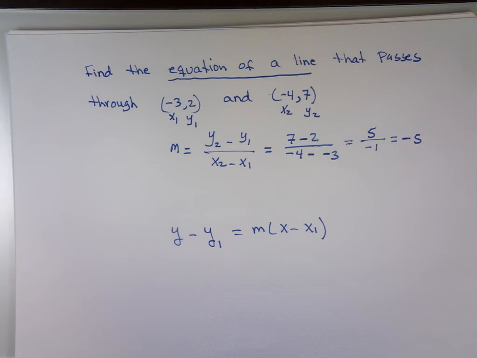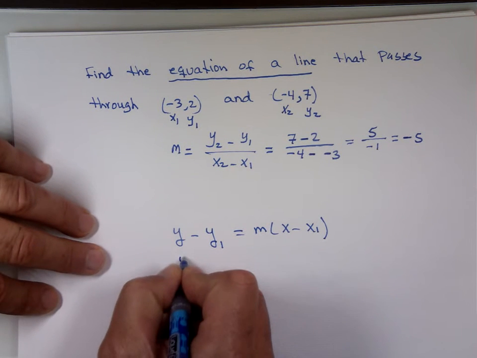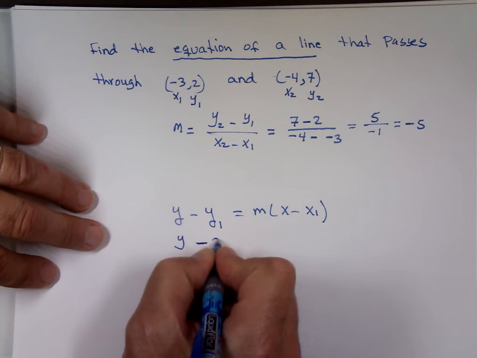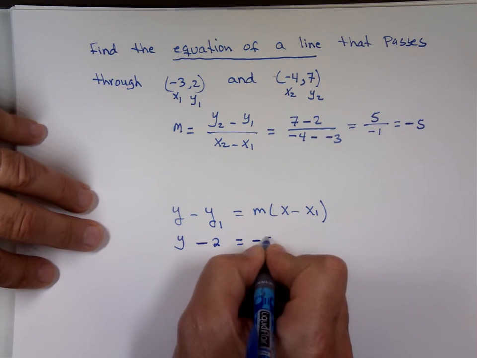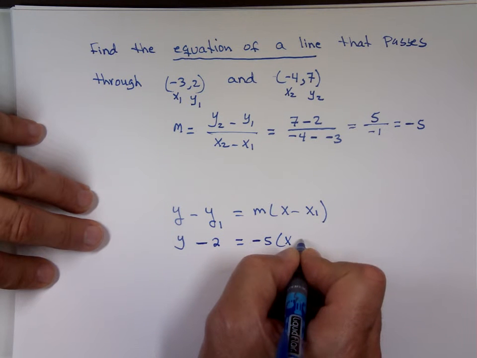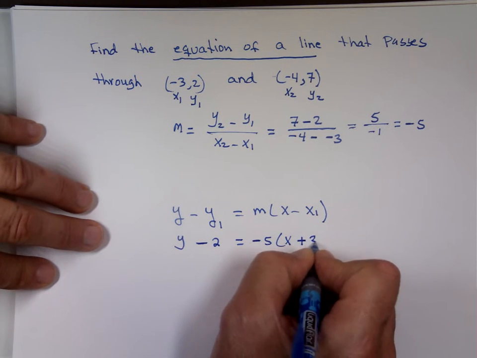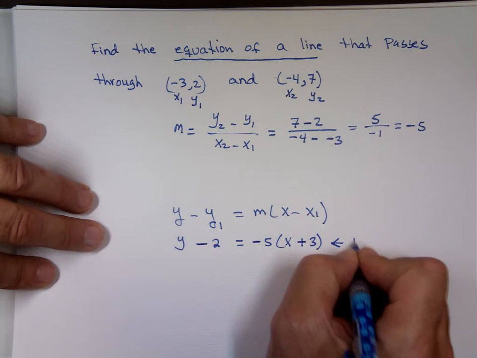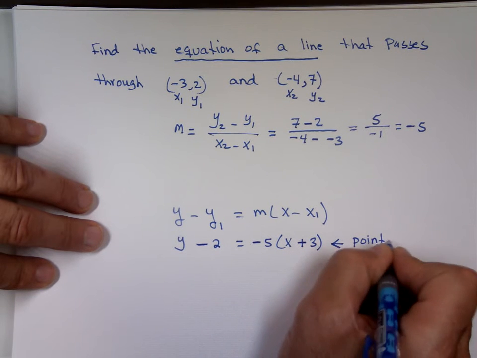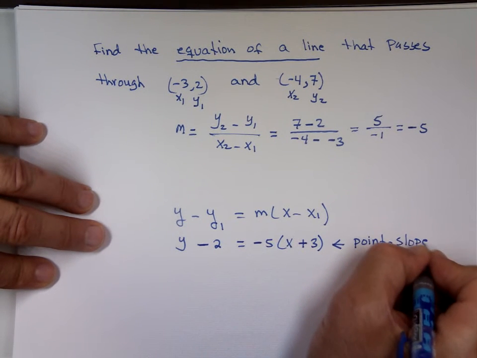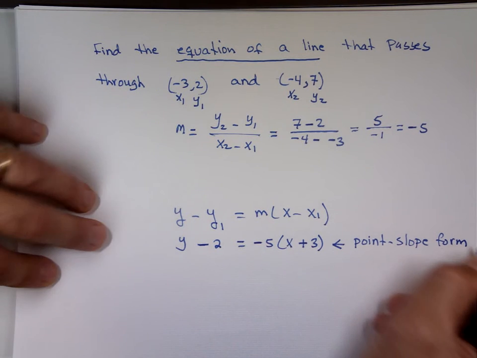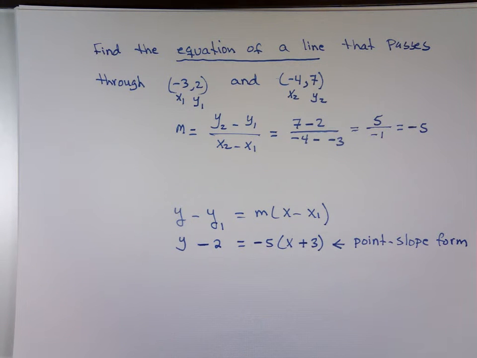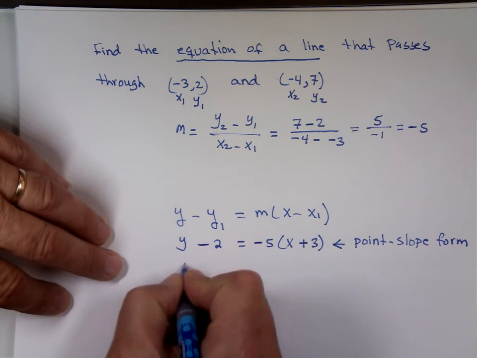Now, can we finish it? Y minus, do we know what y sub 1 is? 2 equals negative 5 times x minus a minus, that's plus 3. Again, this is point slope form. If they don't want to leave it in this form, then you got to finish it. Y minus 2 equals what?